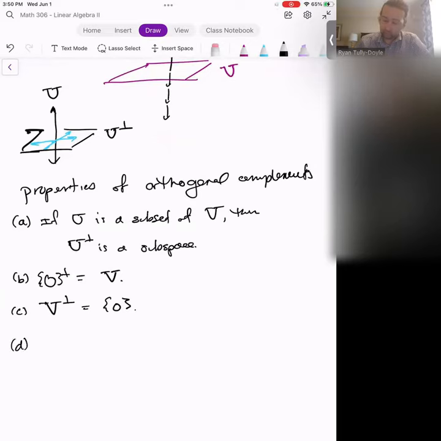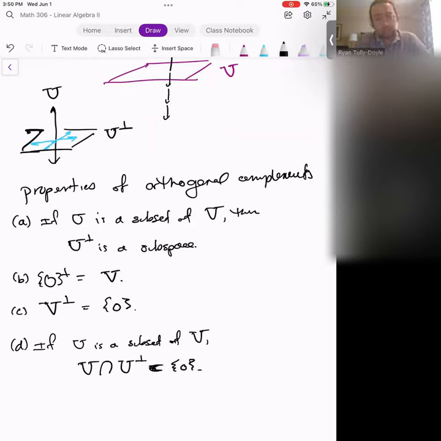C. If U is a subset of V, then U intersect U perp is the 0 vector. So the set of things in U that are also perpendicular to everything in U should not be hard to believe.